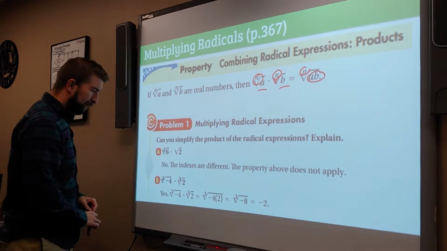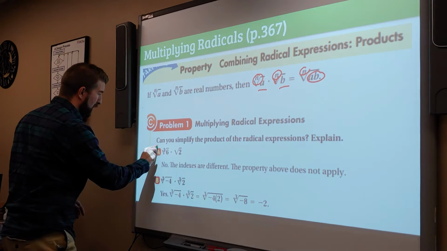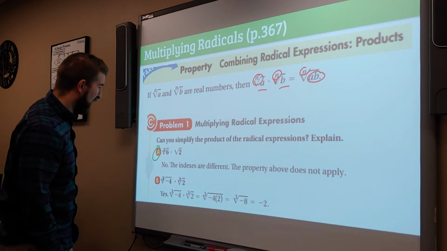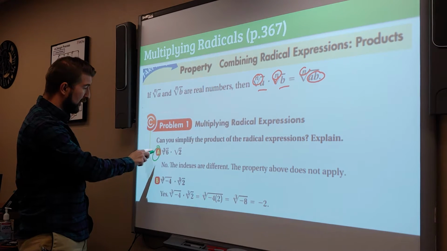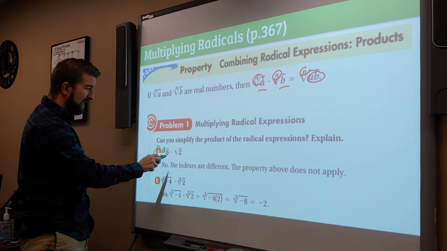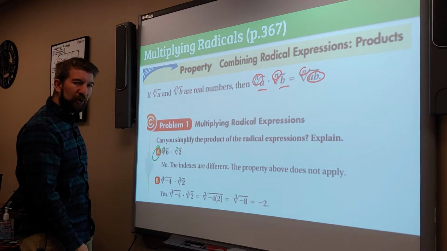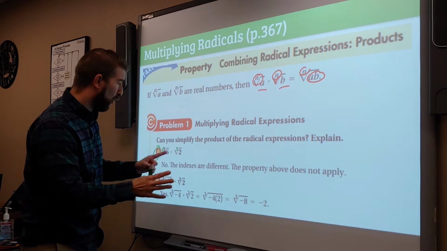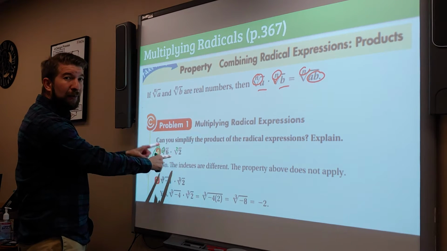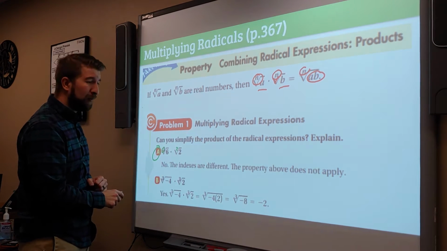So, for example, look at problem sample A. We have the cube root, okay, so the root is a cube right there, 3. And then the square root, remember there's a little invisible 2 right there. Those roots do not match up. Therefore, the two main numbers cannot be multiplied together.